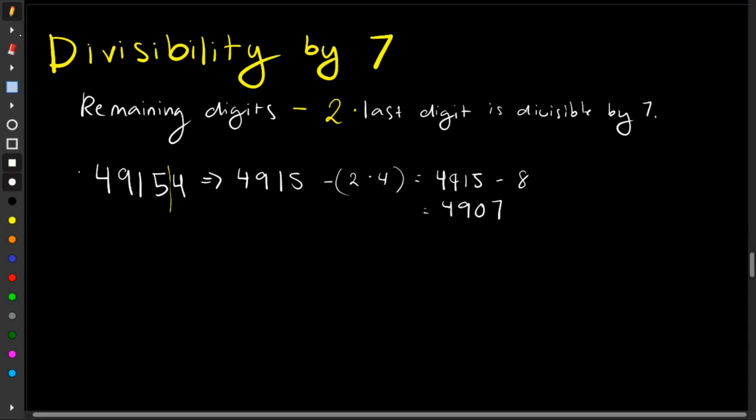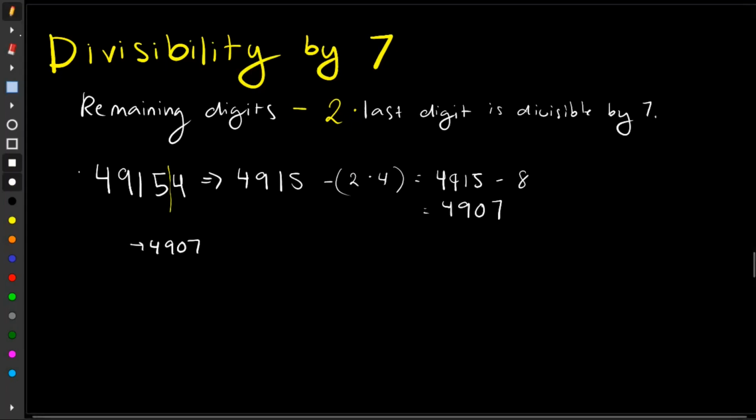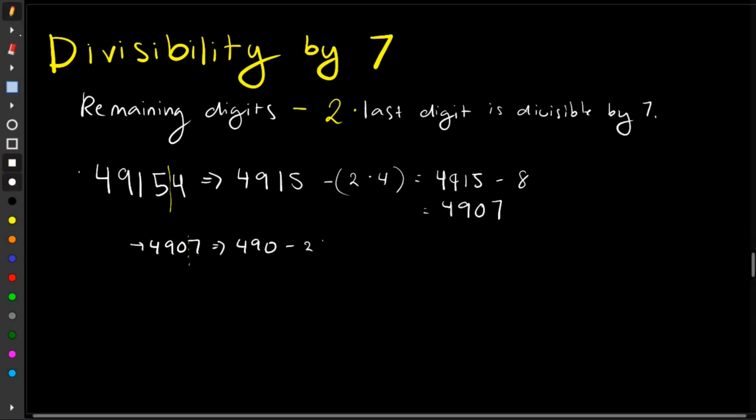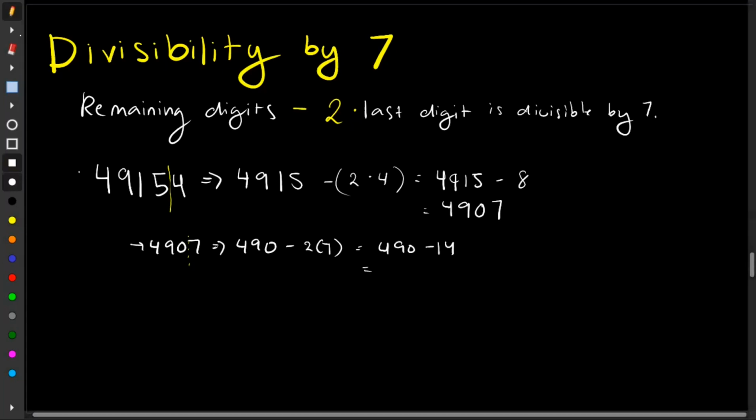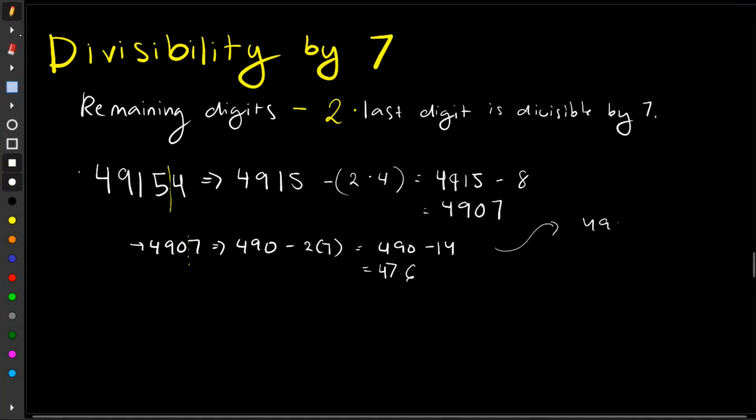So let's put 4,907 here, and that would give us, if we cut it here, 490 minus 2 times 7. So that would give us 490 minus 14, which is 476.